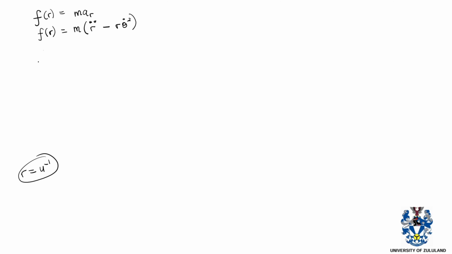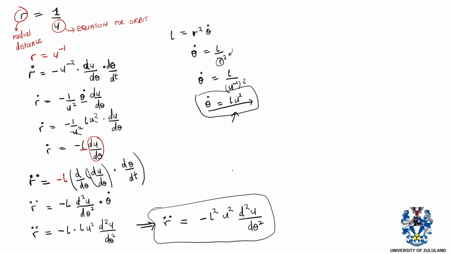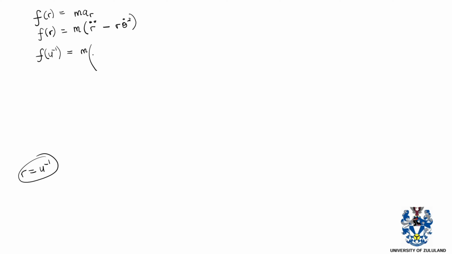Now we're going to say this is f of u to the power minus 1, and this is going to be mass times r double dot in terms of u, which we've already calculated to be negative L squared u squared d squared u over d theta squared.